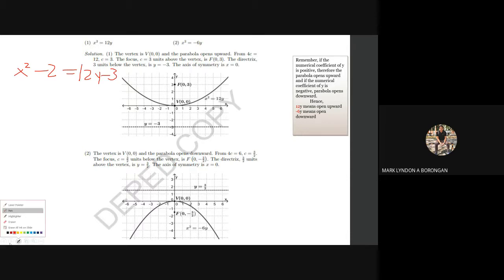That means it is not at the origin. Since there is just one term each, the vertex is at the origin, which is 0, 0, and the parabola opens upward because there is no negative.